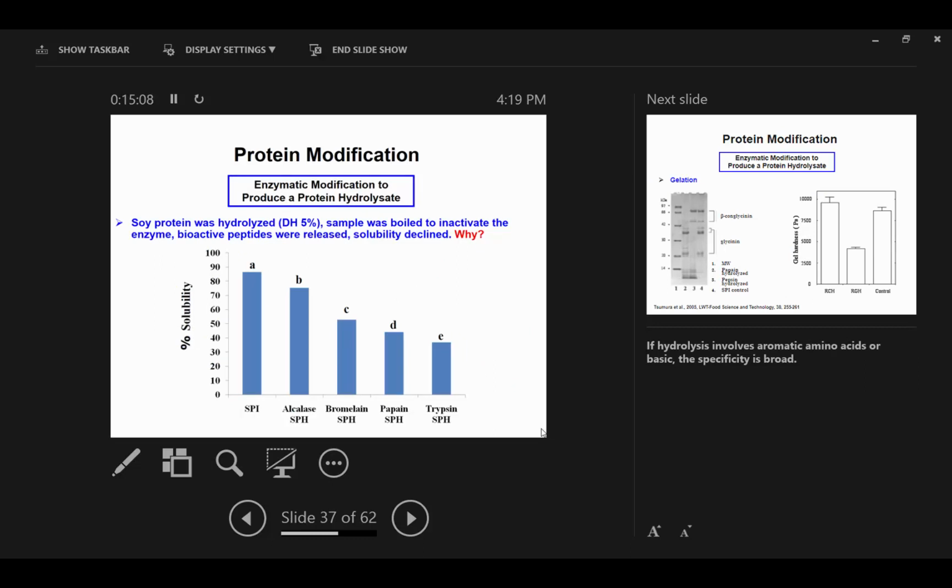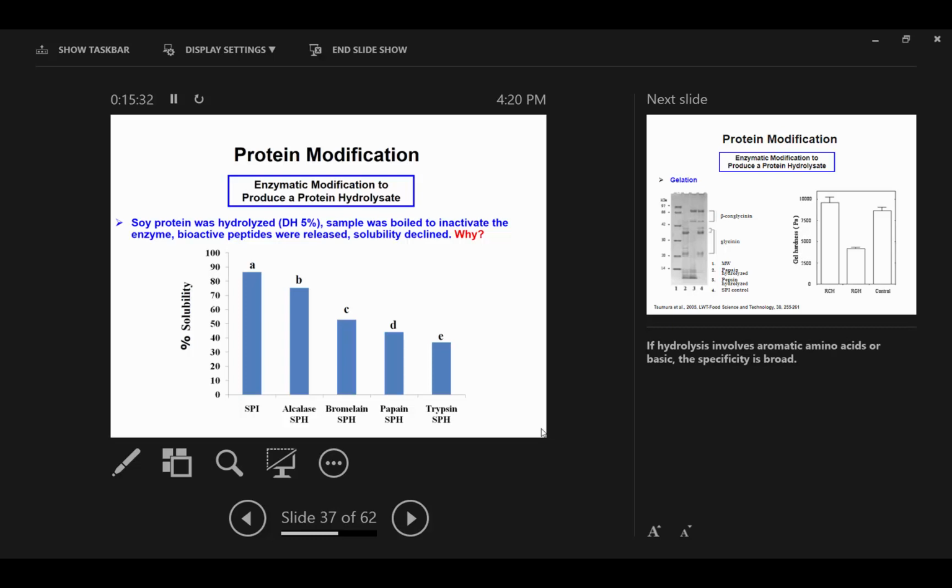So here, this is an experiment we did in the lab, we were targeting changing the soy protein to release bioactive peptides and at the same time enhance solubility. So we were trying different enzymes to look at the different specificity of the enzymes and what we get out of that.